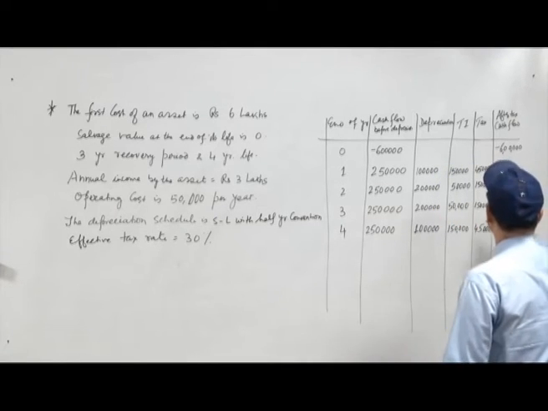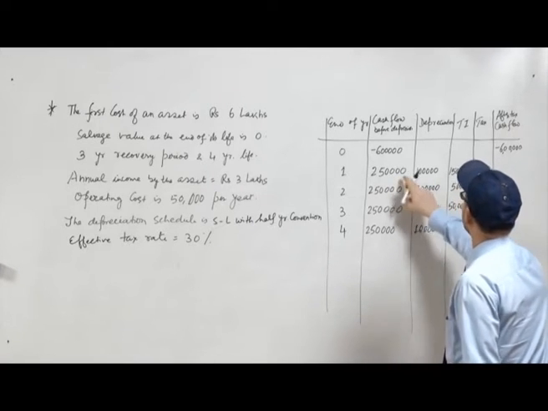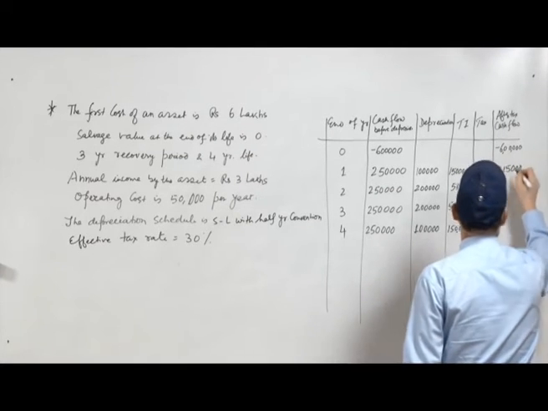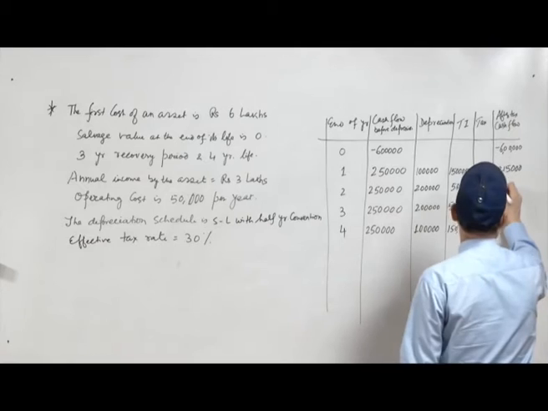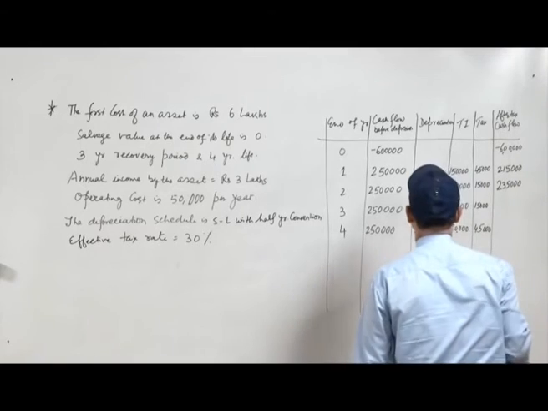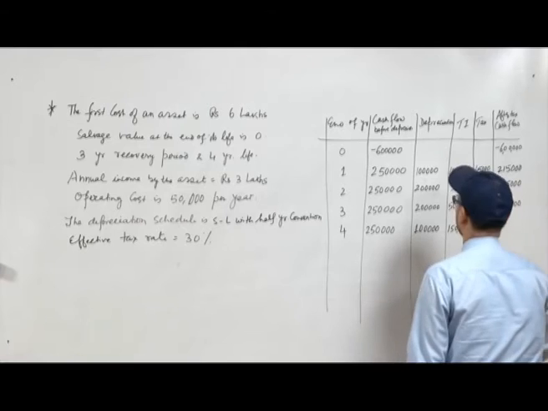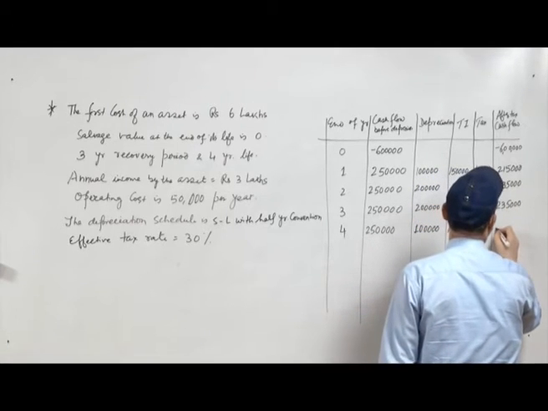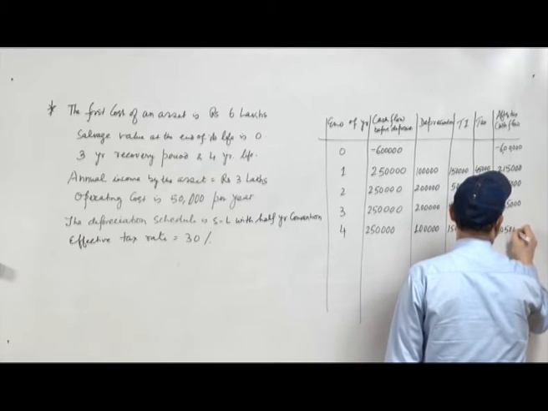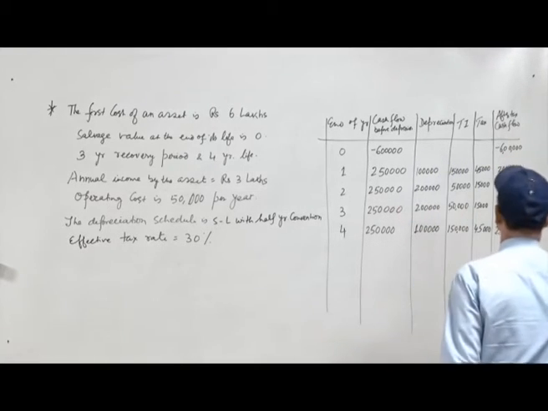Now, this is the tax which you have to pay. So, it comes out to be 2,15,000, then 2,35,000, again 2,35,000, and 2,05,000.